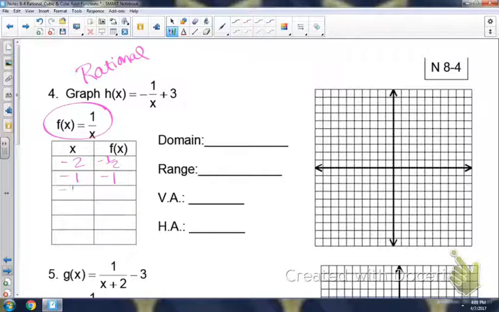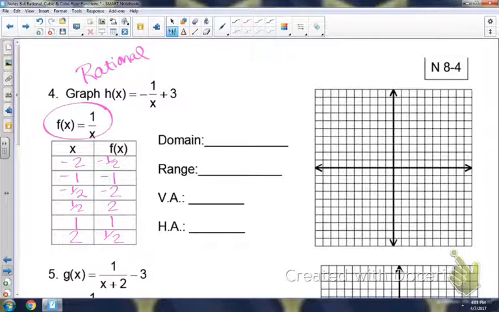So we used a -1/2 because whenever you flip that, because you're dividing by a fraction, that would give you a -2. Then we used a +1/2, which would give you +2. We used a +1 to give you a +1, and a +2 to give you a +1/2. So those are our parent function values.